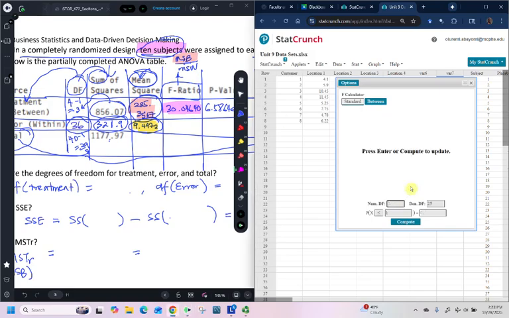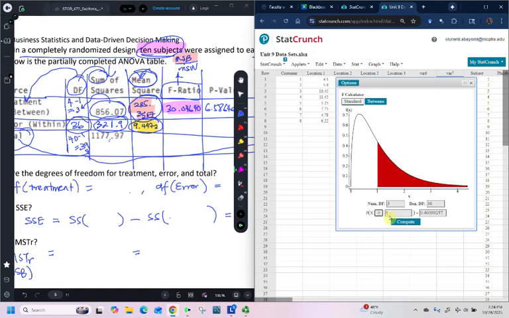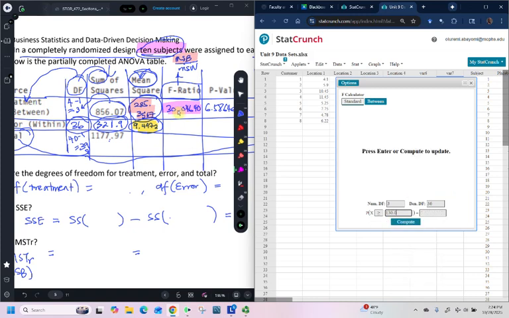So you have 3 and 36. And I want strictly the area above. The F distribution is a single tail. And above, what value? 30.04640. Oops. Let's fix that and compute.